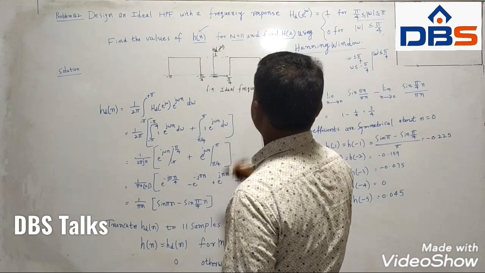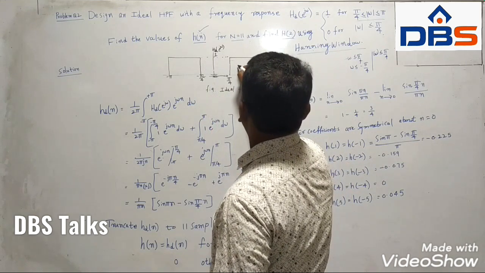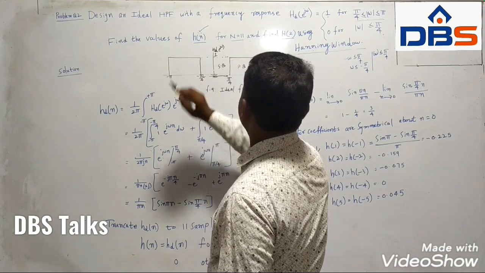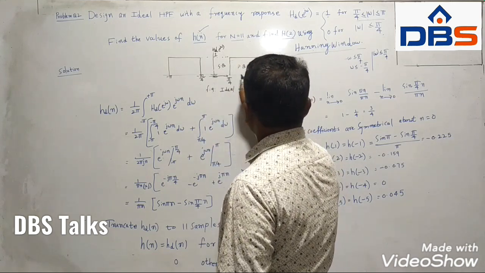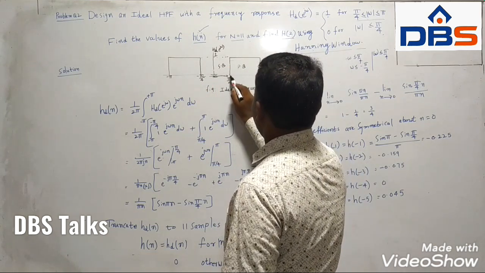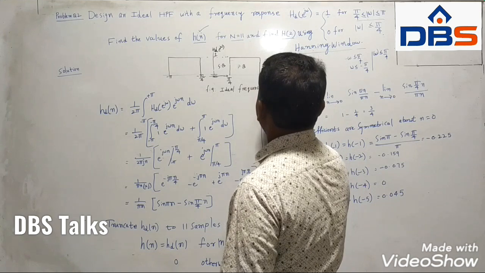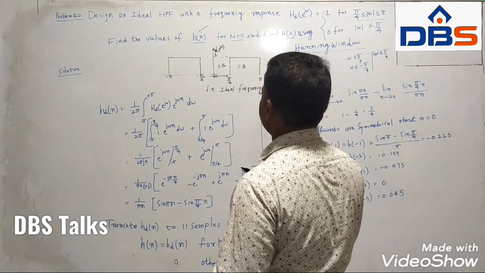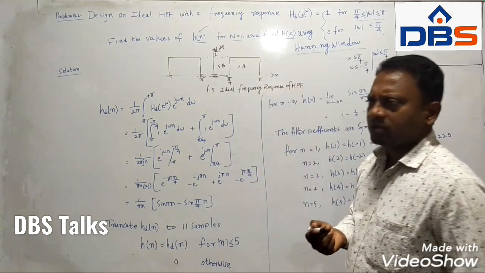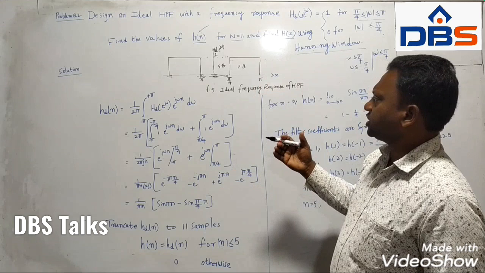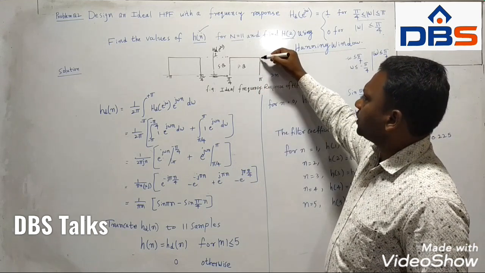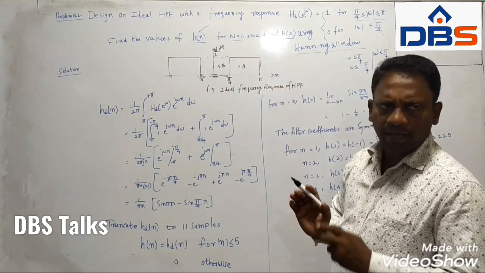So what type of filter is this? This is a pass band, and this is a stop band. Again it is a pass band. Therefore we say that it is a high pass filter, which passes frequencies above pi by 4 and below pi. A high pass filter generally sends the frequencies above the cutoff frequency up to infinity, but since this is a practical one, it is confined to a pi value.